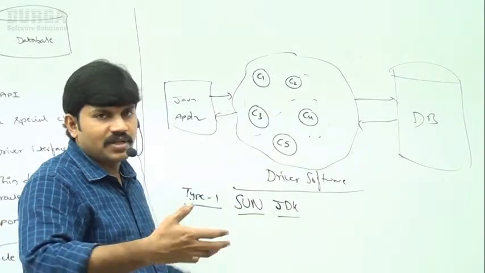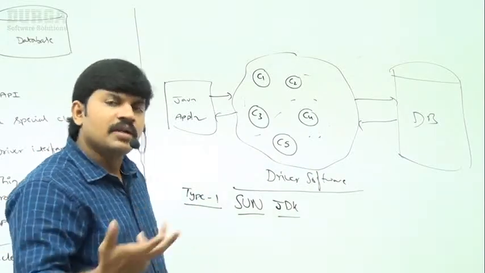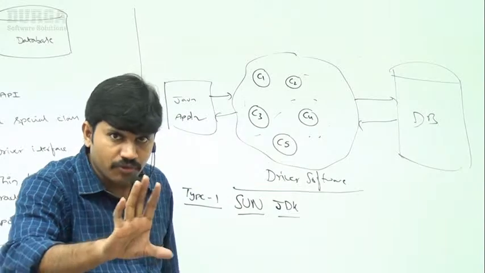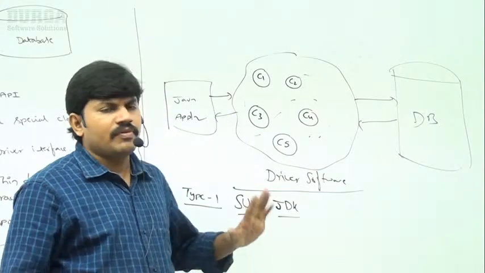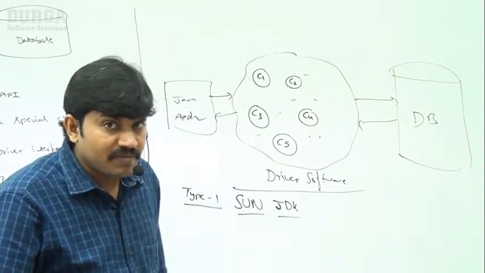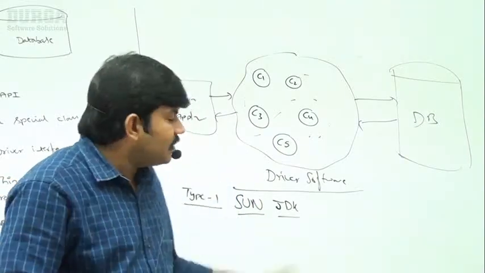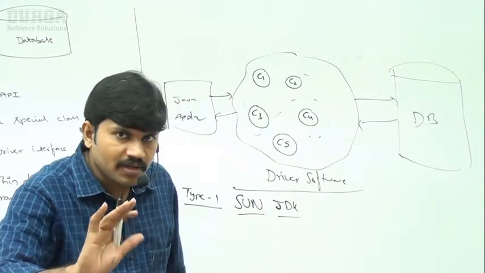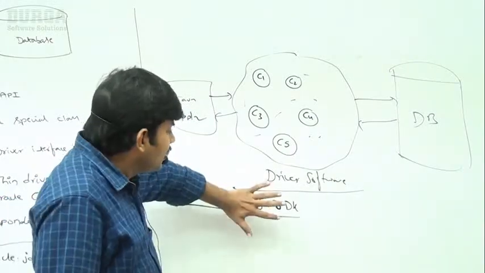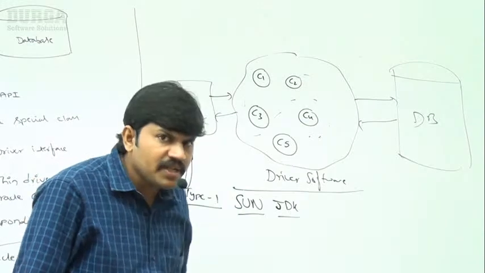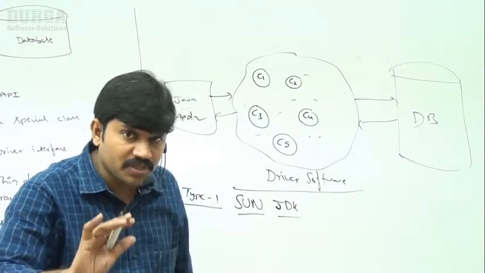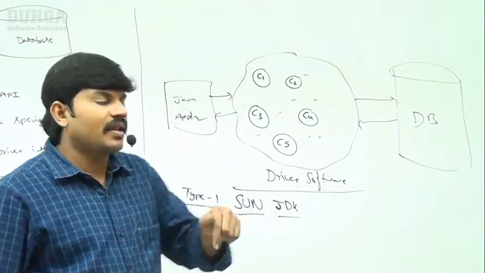After completing our current topic, the next topic is types of drivers only. There I will explain more. Don't worry. So there is one driver software, type 1 driver software provided by Sun Microsystems, part of the JDK. Now, in this driver software, there must be a driver class. What is the driver class?